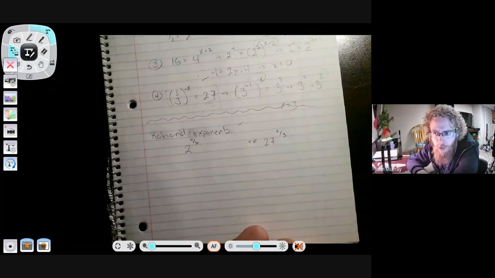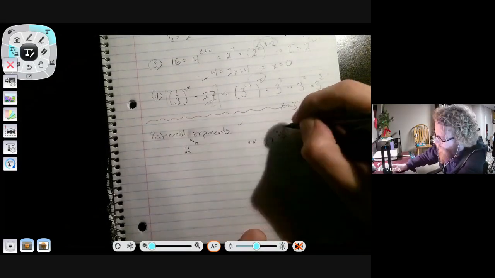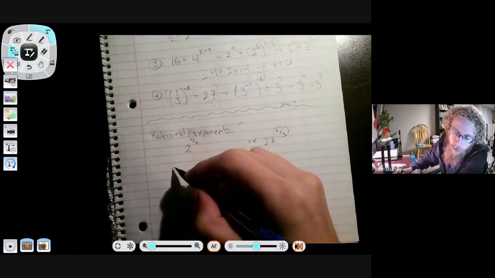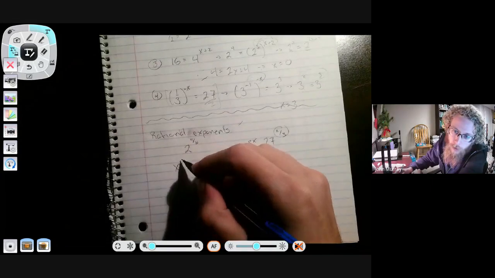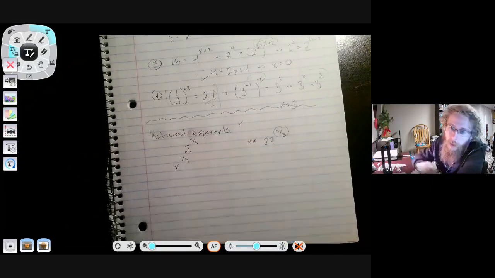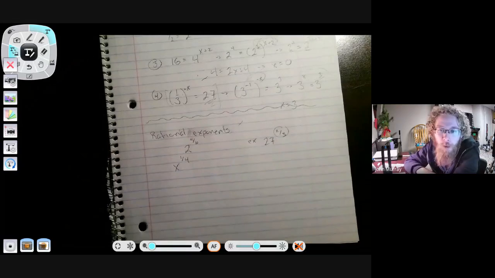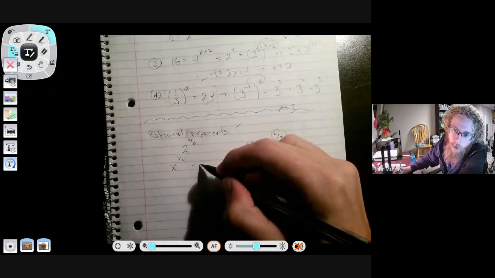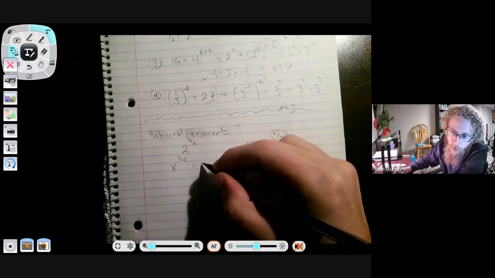There's two ways you can approach this, right? Anytime we have a fraction exponent where the numerator is 1, we can rewrite this. What a fraction exponent actually tells us is that we are doing a root, or a radical.